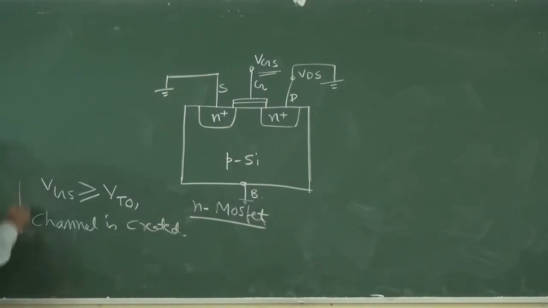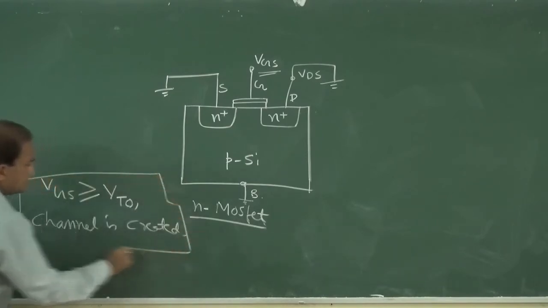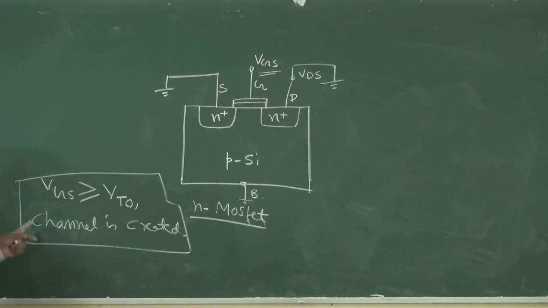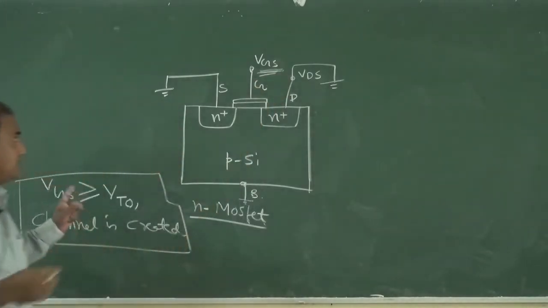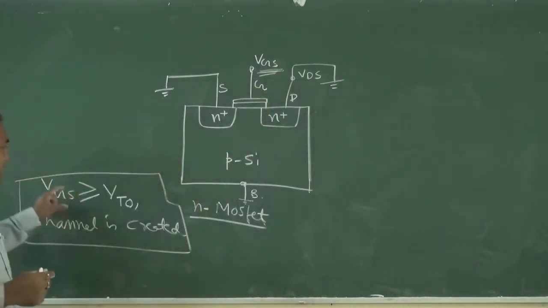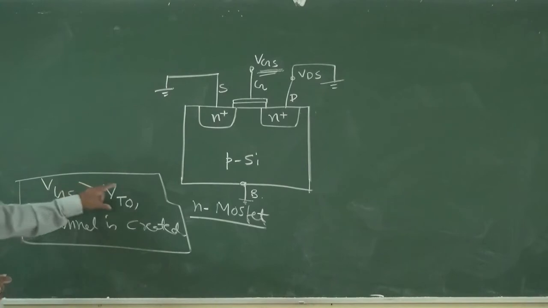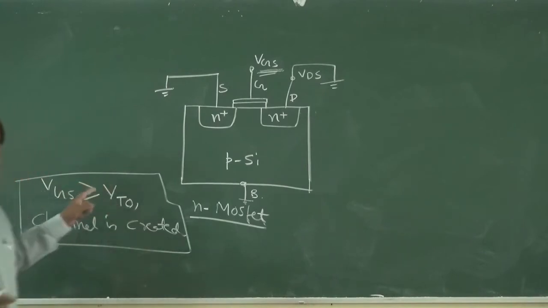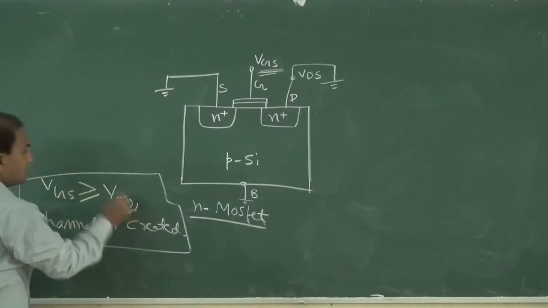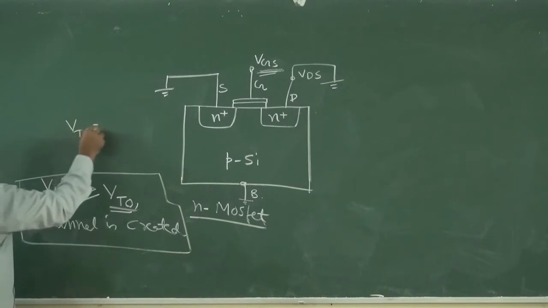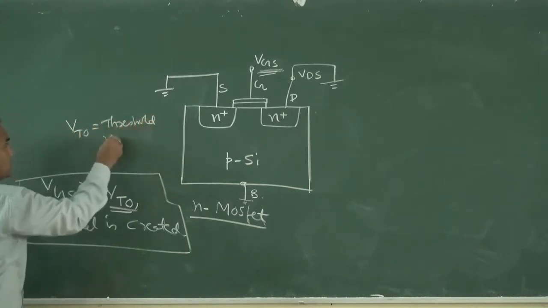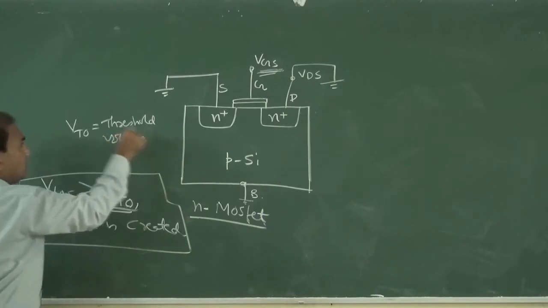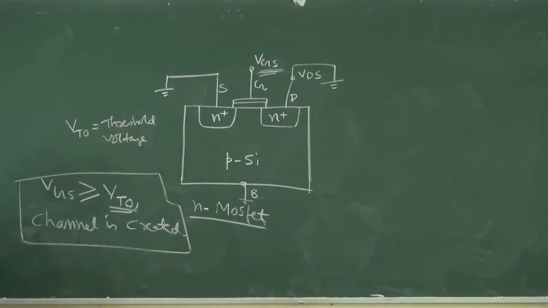So in order to create the channel, we have to give an external voltage at the gate terminal in such a manner that it is greater than or equal to the threshold voltage of this device, VT naught. VT naught is the threshold voltage of this device.